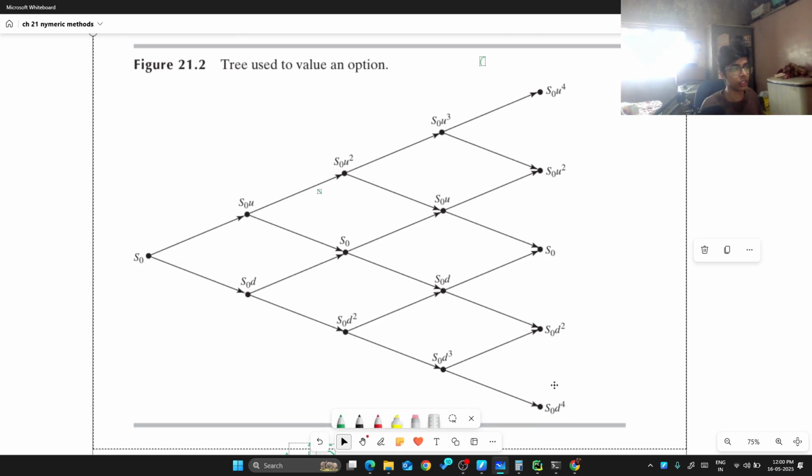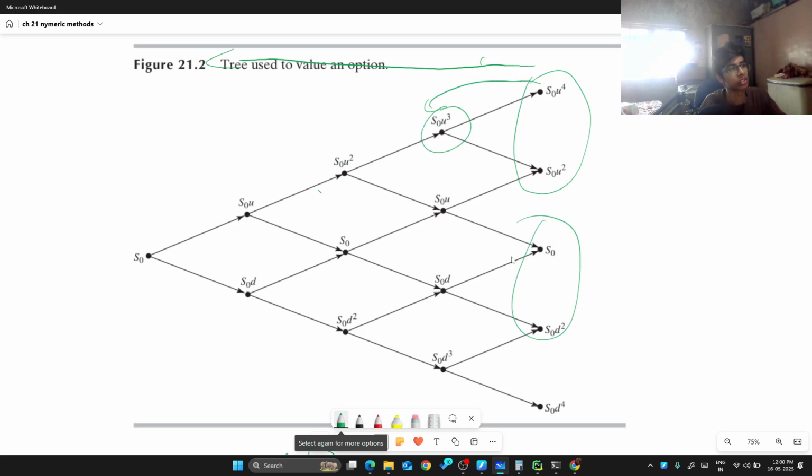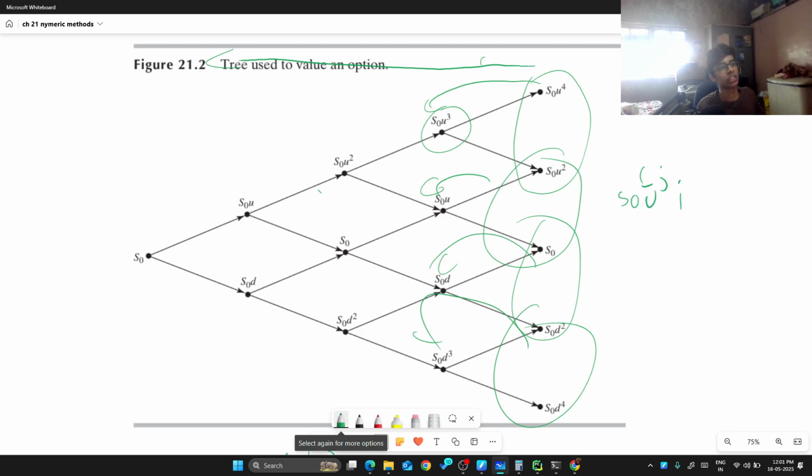The pricing as per the formula is backward. We start from this, we discount it to this, find this probability, and in this way we work, right? j is our stock price index, and i is our timestamp.